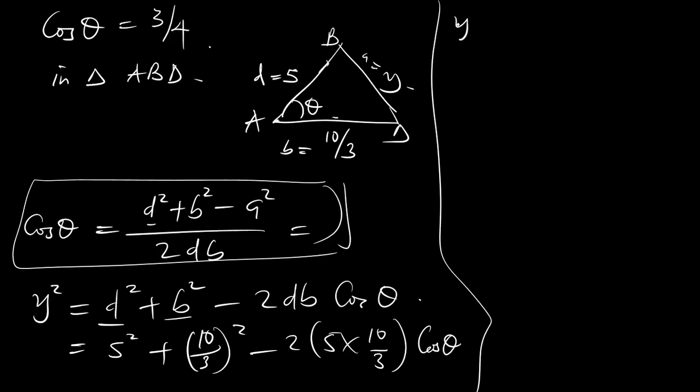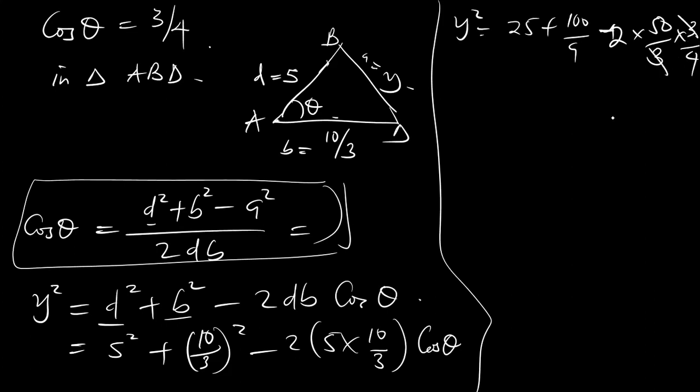So that means y square is equal to 25 plus 100 all over 9 minus 2 times 5 times 10 is 50 all over 3, cos theta is 3 over 4.